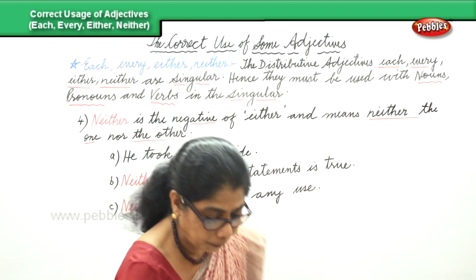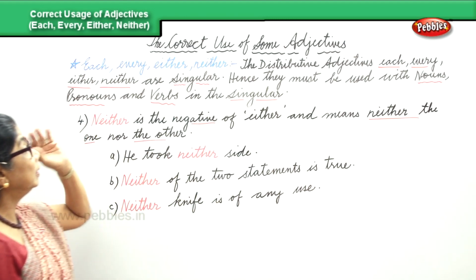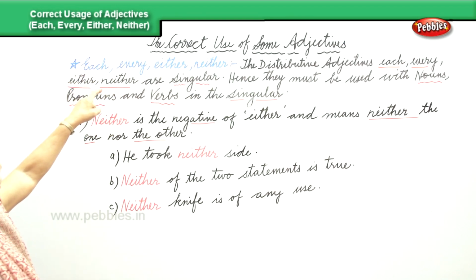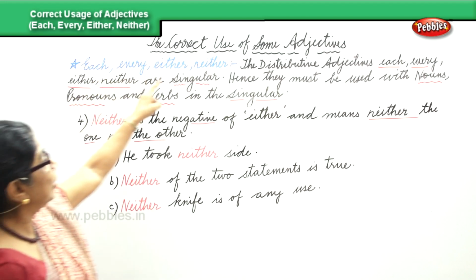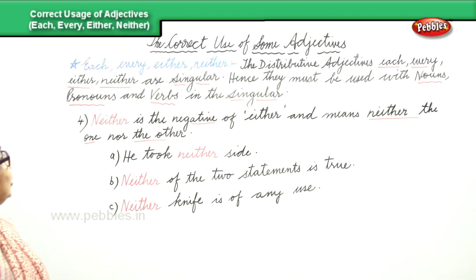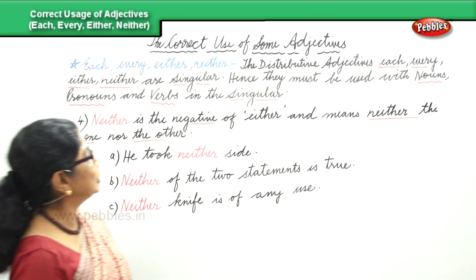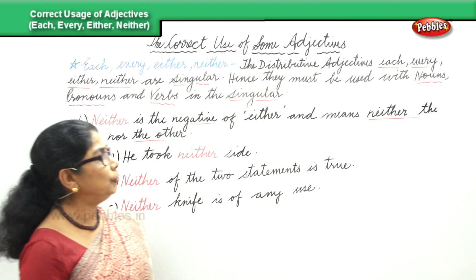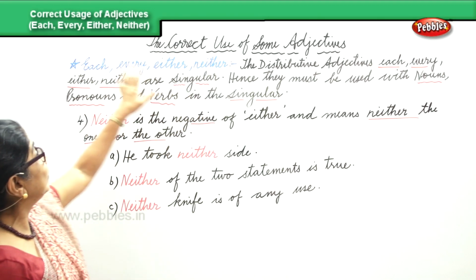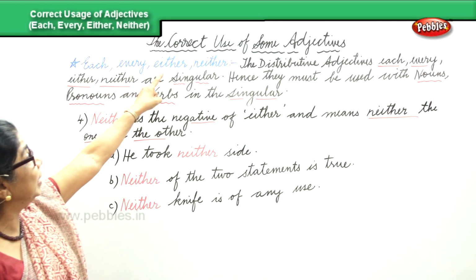Okay. Now, we are looking at the correct form of adjective in this. Each, every, either, neither. The distributive adjectives each, every, either, neither are singular. Hence, they must be used with nouns, pronouns, and verbs in singular form. We have already done each, every, and either.